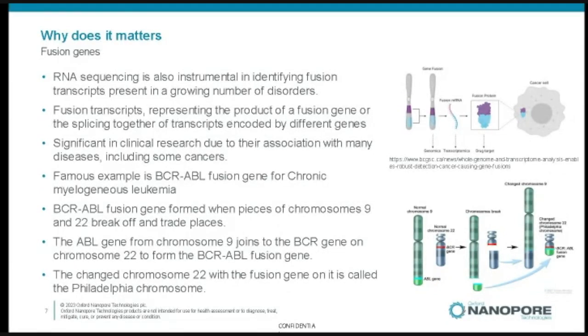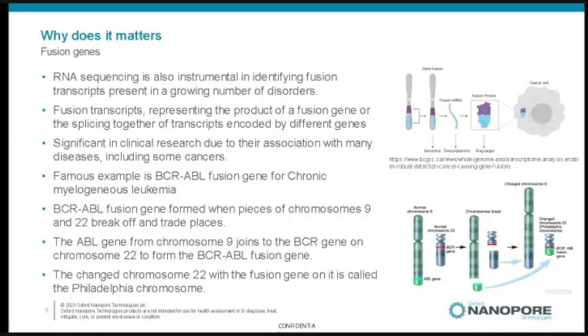One very famous example here is the BCR-ABL fusion gene for chronic myelogenous leukemia. The BCR-ABL fusion gene forms when pieces of chromosome 9 and chromosome 22 break off and trade places.